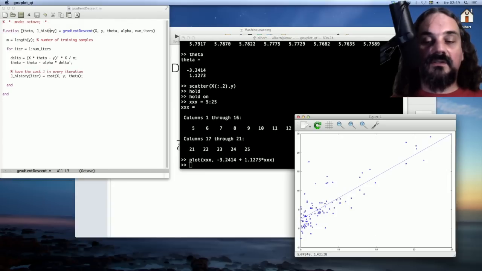And then of course, if you have dots that go like this, then you maybe use another hypothesis, not a straight line. A straight line is called a linear regression. Maybe you use another function to try to fit a line, square root, or x squared.